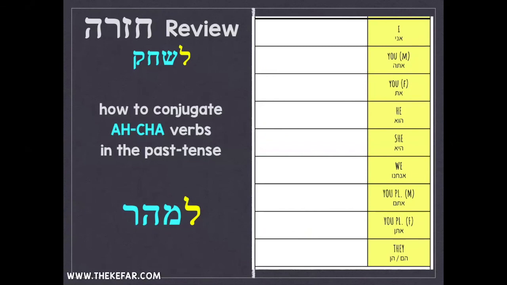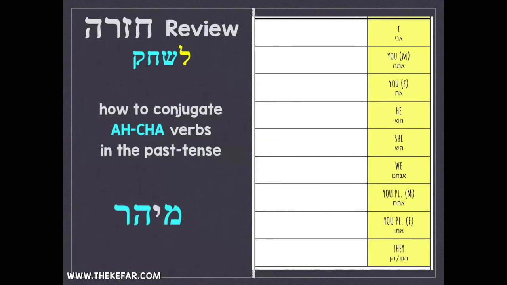So the last video that we did, we learned how to conjugate acha Piel verbs, and these are verbs where the middle letter of the root is an aleph, hey, chet, or ayin, okay? And we use the verb lesachek, which means to play, to illustrate that rule. So your first exercise verb was lemaher, which is to hurry or to rush. So you get rid of the lamed, and we have miher, okay?